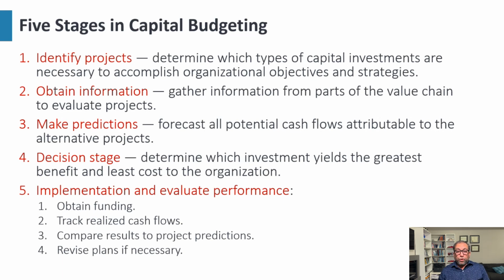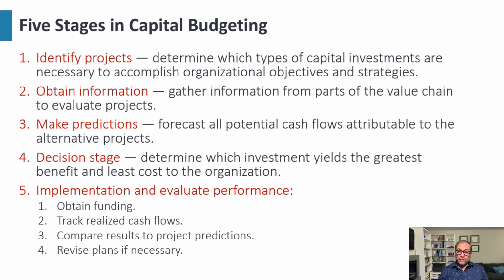Now, after gathering information and identification, there is a process which we call projection or prediction. Now, prediction is very technical and it can be true or it cannot be. So forecast all potential cash flows attributable to the alternative projects. If we have two or three proposals of the project, expert people in that area are going to assess their cash flows.